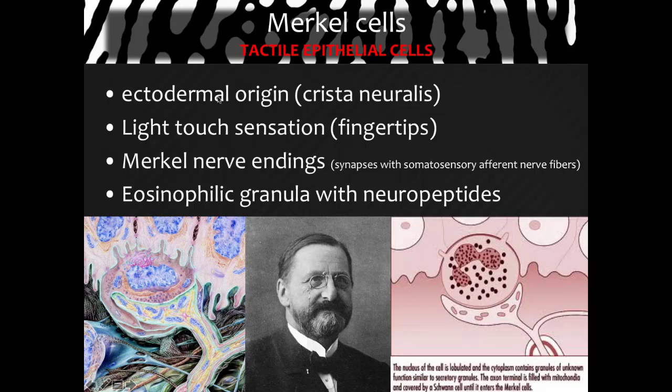They come from the crista neuralis, and some people think that they are part of the diffuse neuroendocrine system, but in the skin they have the function of cutaneous sensation.